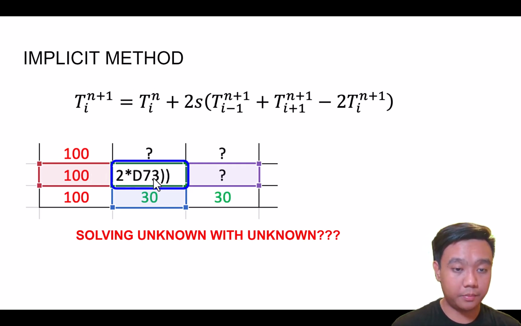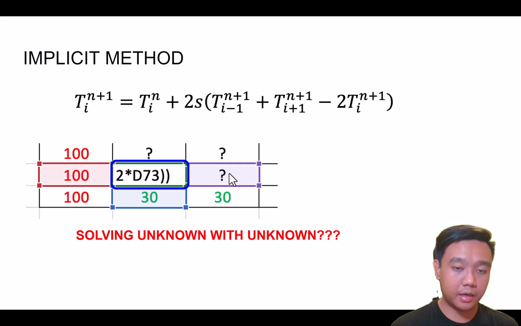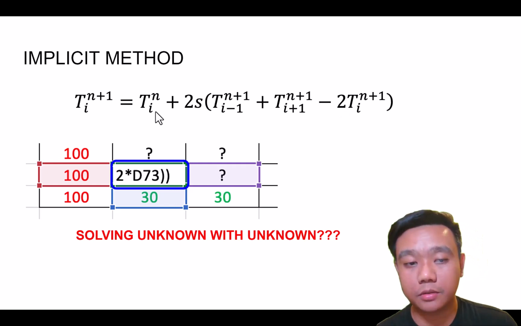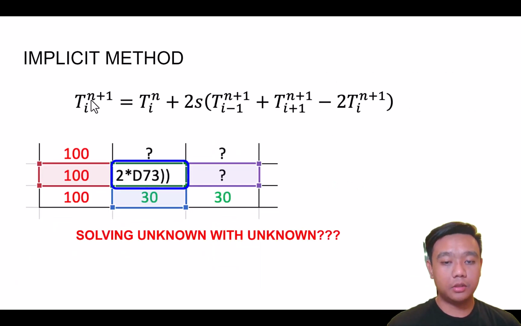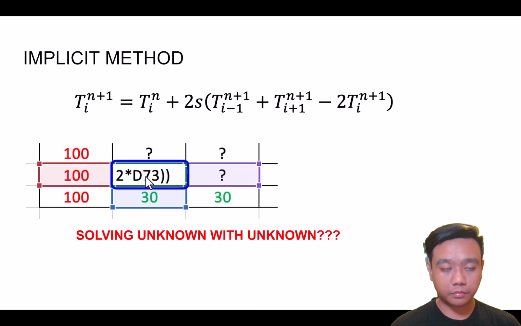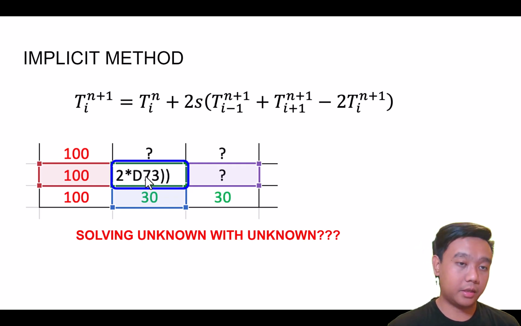So if we input it one by one like this, it will not complete, because if we want to calculate the value here in the blue box, you need the value from the left and the right, but unfortunately this right side is unknown. And on the right side we also get the ti n plus 1, which is the same as the left side, so this block will be on two sides of the equation, and obviously it cannot be solved explicitly.